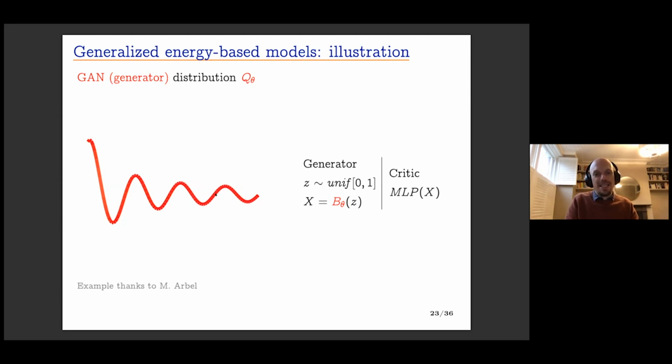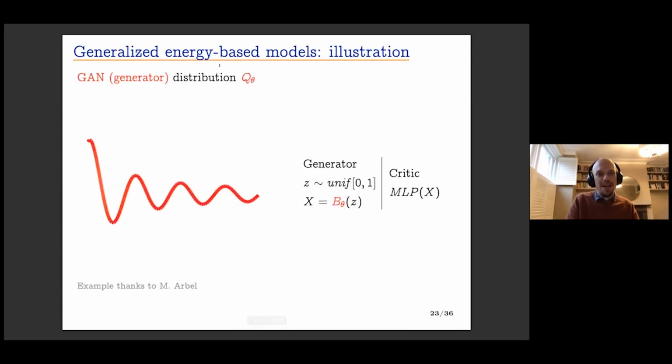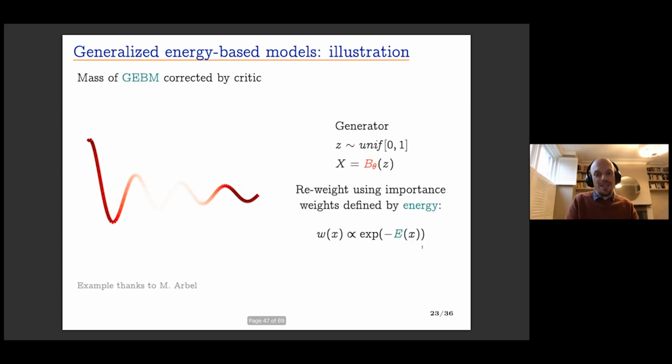If this is the case, then what I might want to do is to reweight the output of my GAN generator using an energy function such that I capture not only the support, but also the mass on that support.